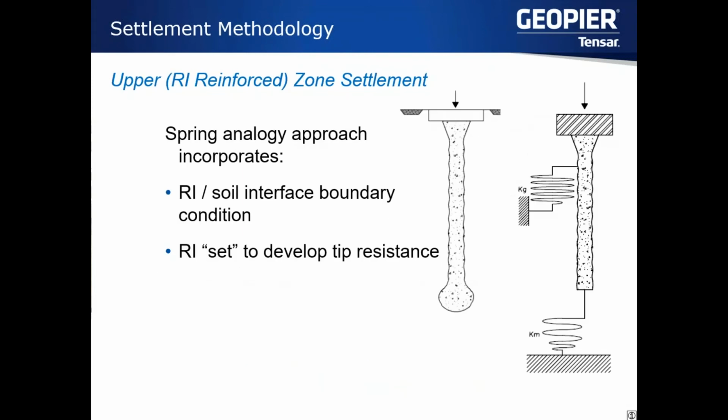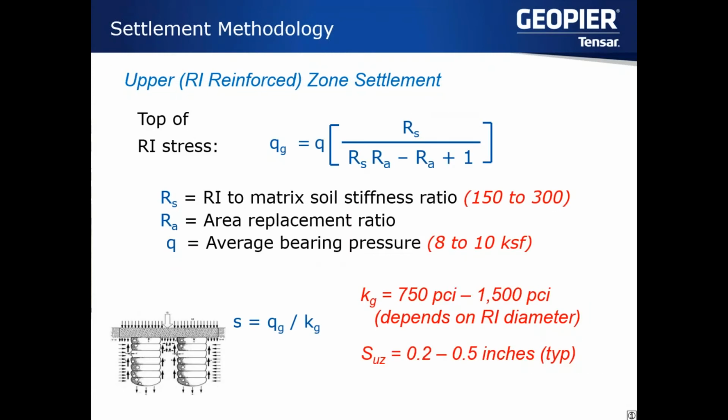And then for the reinforced zone itself, similar to aggregate piers, we're considering the stiffness of the element, which we refer to as kg, as well as the stiffness of the native material, or km. We'll use those 2 relative stiffnesses to come up with our settlement estimates, and in terms of coming up with the area replacement ratio that we need for the site.